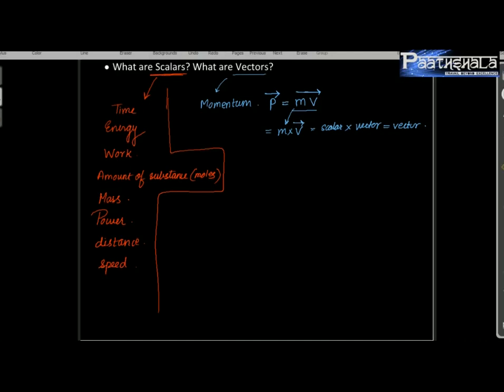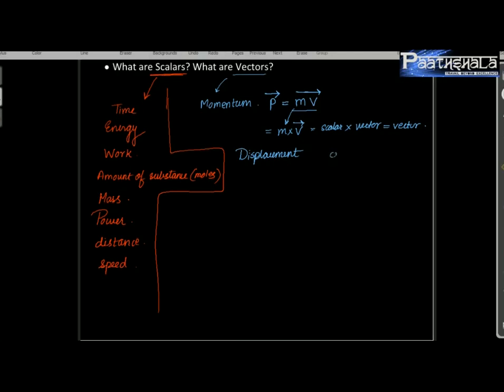Another example of a vector quantity would be displacement. Displacement is given as your final position minus your initial position.